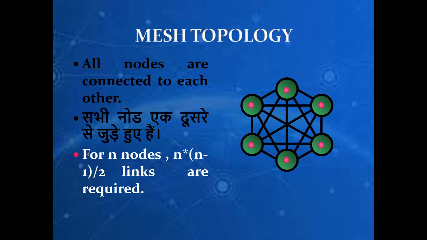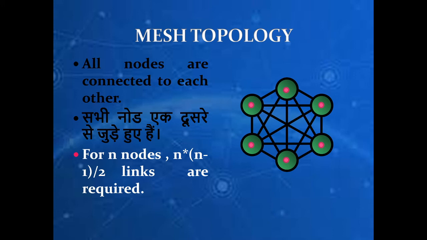So what comes to your mind when you use the term mesh? Here, as you can see in the diagram, all the nodes are connected to each other in every possible way. See here, these two nodes are connected directly, also through this node, also through this node, also through this node. So all the nodes are connected in every possible way.